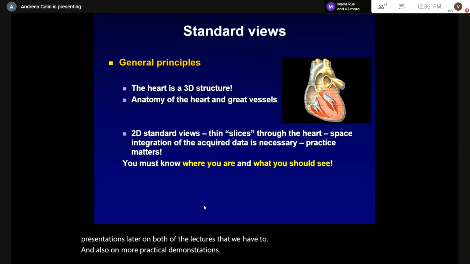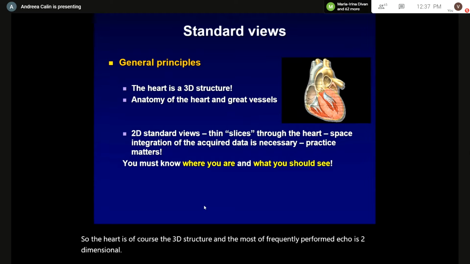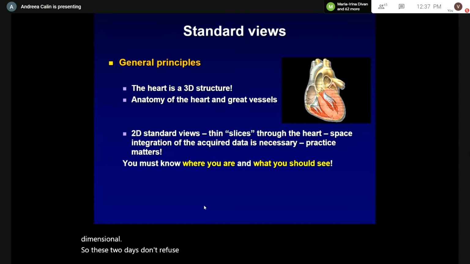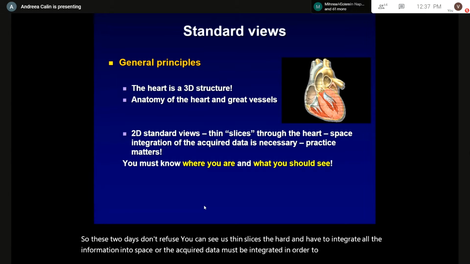So the heart is of course a 3D structure, and the most frequently performed echo is two-dimensional. So these 2D standard views, you can see as thin slices through the heart, and you have to integrate all the information into space. All the acquired data must be integrated in order to obtain a full image of the heart.